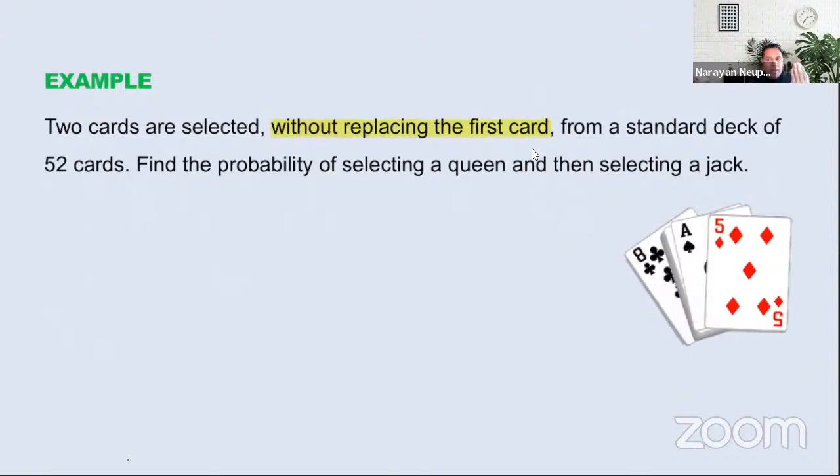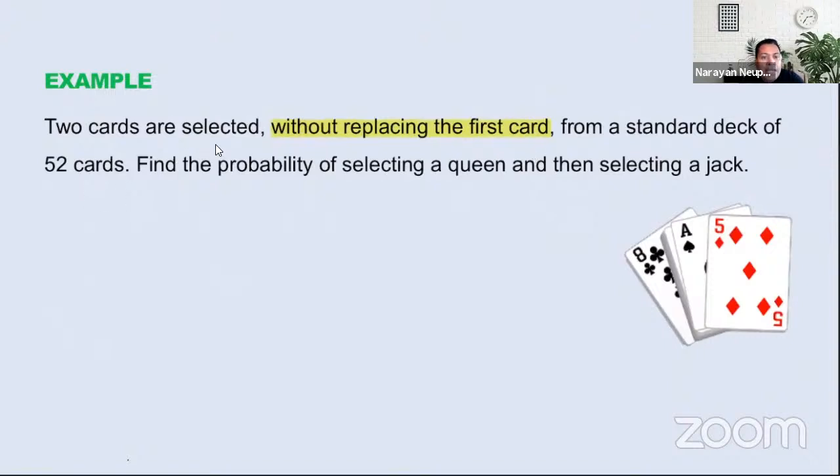So the events are occurring in sequence. When you pull the first card, the probability will be 1 out of 52 because there are 52 cards. But the second time, when you pull the card, the total cards remaining will be 51. So when you pull the second time, the probability will change because it will not be over 52, it will be over 51. That means the second event depends on the first. So this is going to be the dependent case.